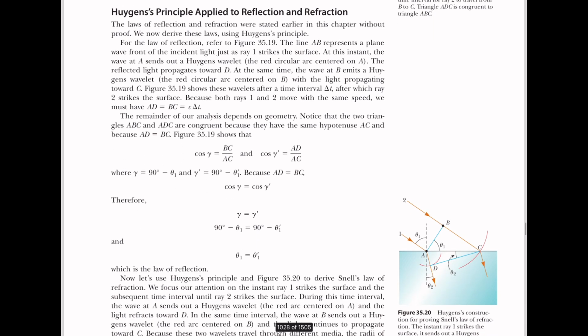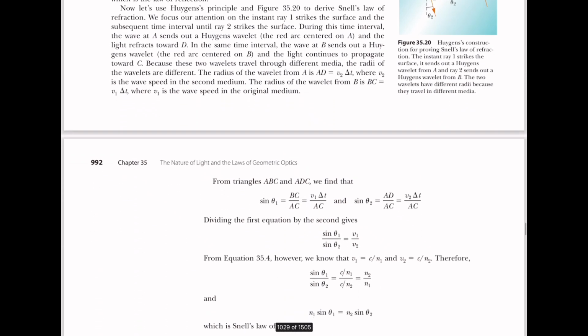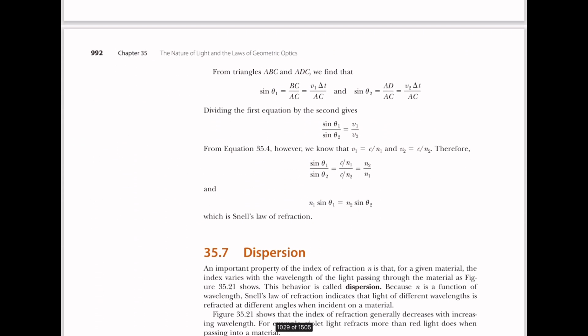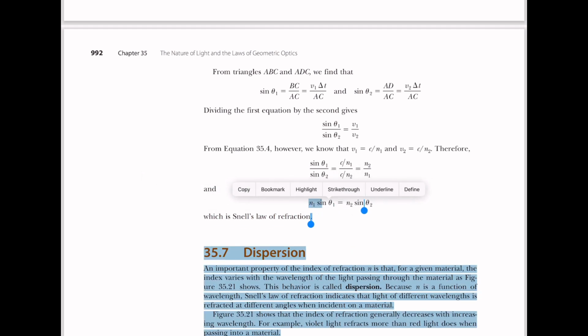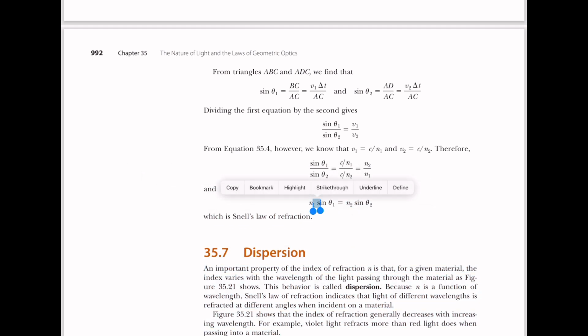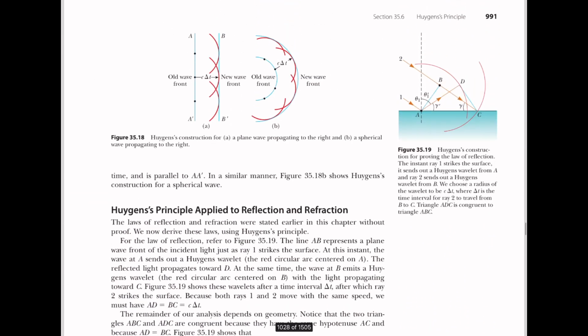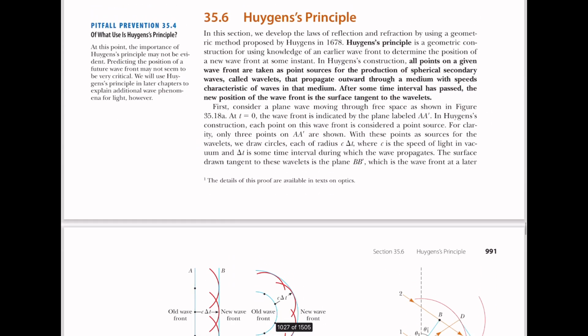Cool. And here they actually derive the law of reflection. And a little bit later, they derive the law of refraction, which is this equation here. And that's the end of section 35.6, Huygens' principle. So, a little quick read through of this.